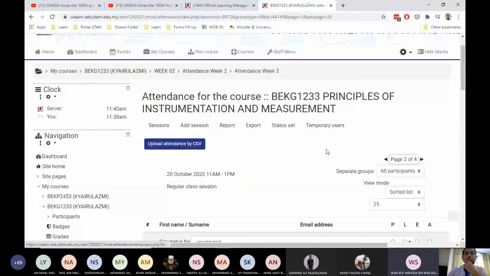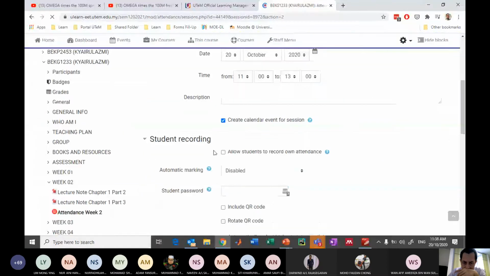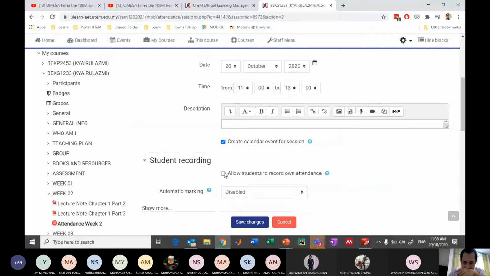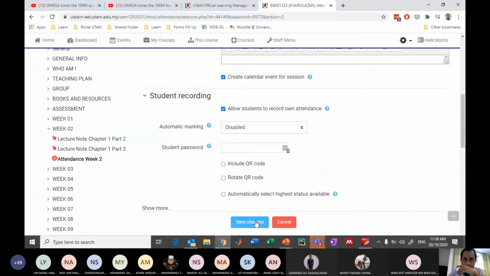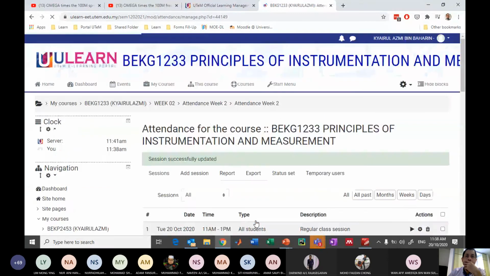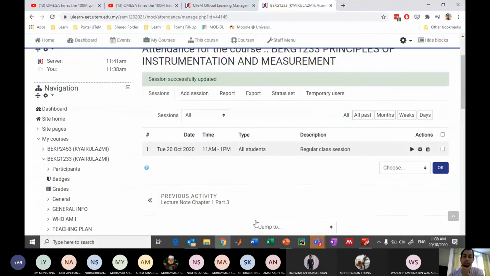Doktor tak boleh tekan lah doktor. Tak boleh? Okay, hold on. Okay, cuba lagi sekali.